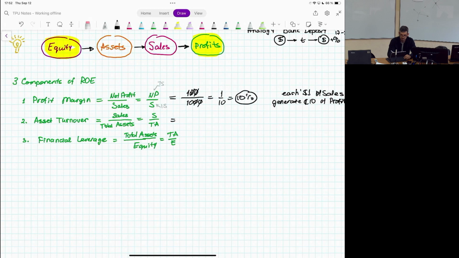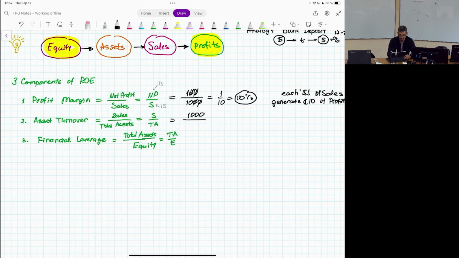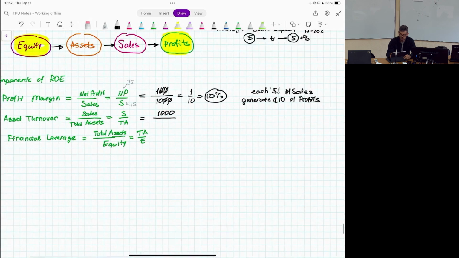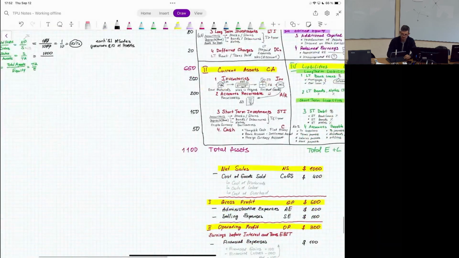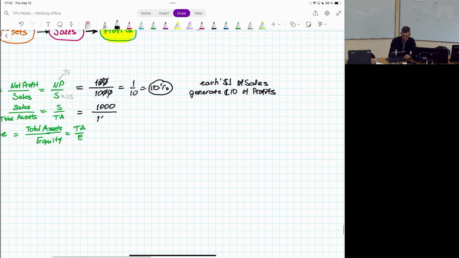Asset turnover we take sales divided by total assets. Sales are 1,000, right? We used them before. Total assets. How much are total assets? Yes, exactly. 1,100. So it's 10 by 11.